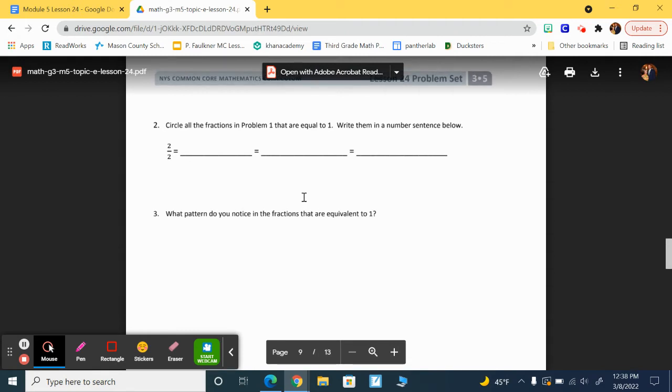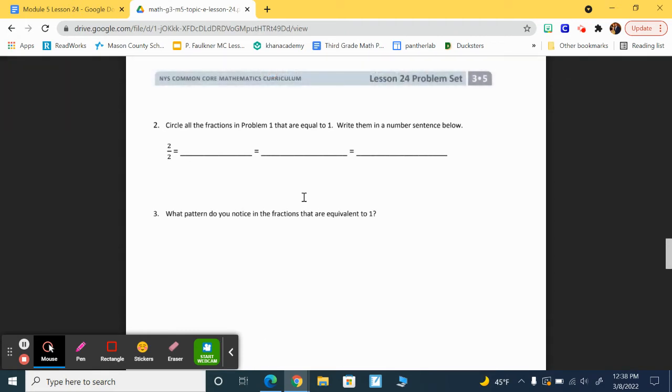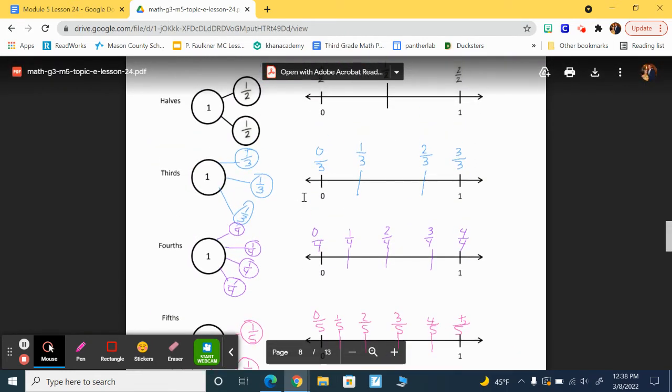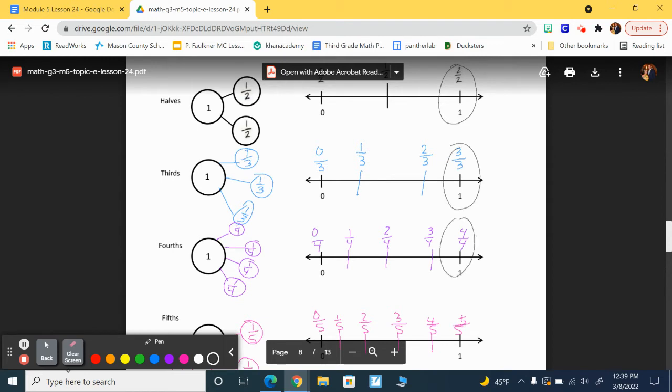On the next part, number 2, it says circle all the fractions in problem 1 that are equal to 1, and then write them in the number sentence below. So I'm actually going to come back up here to where we see problem 1. I'm going to switch my pen and circle everything that equals 1. So we would circle this one, this one, and this one.